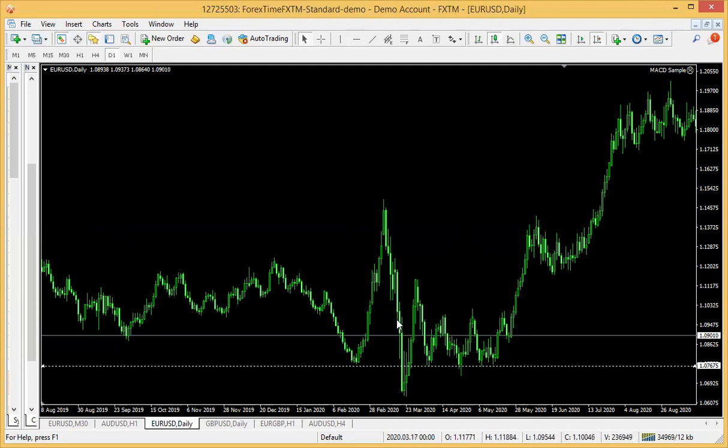Now look at what happened here. As this was the last swing that it made, if you look very well, this was the most powerful swing it made to break this level. Yes, which it did, and it pulled back. Then returning back to where it stopped, it's becoming an issue. If you notice, there was a weakness in supply.